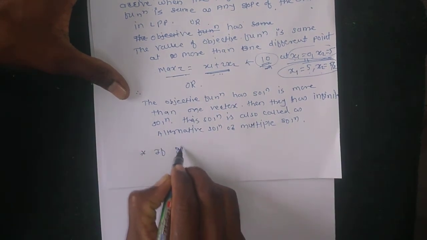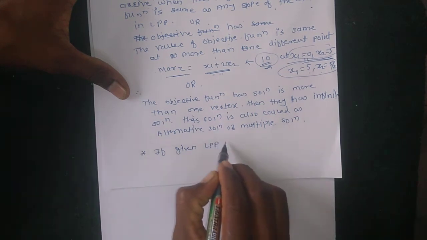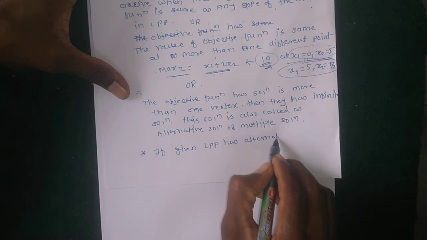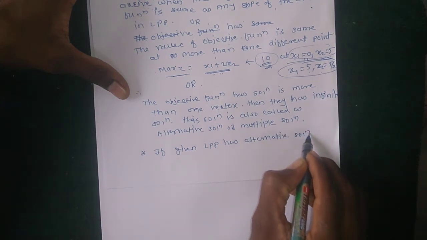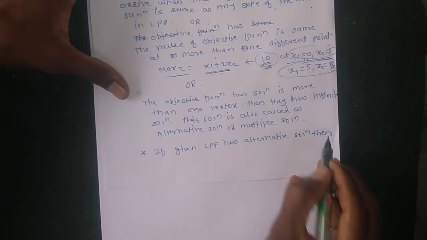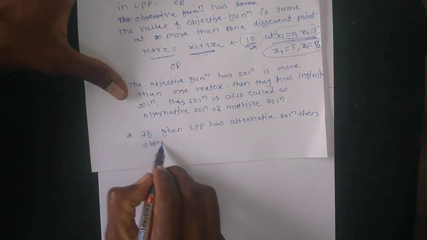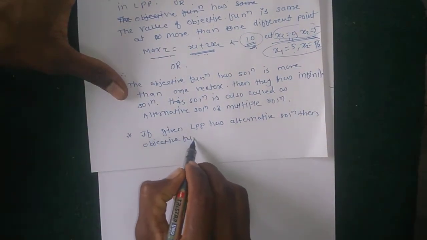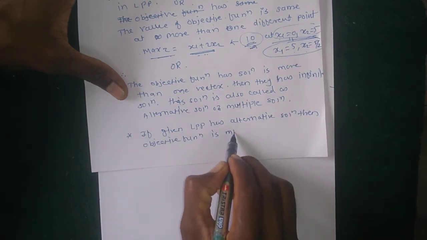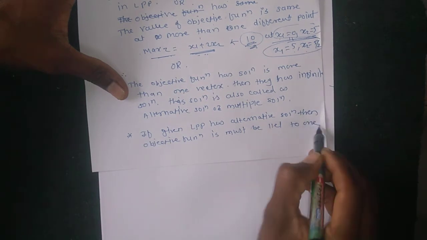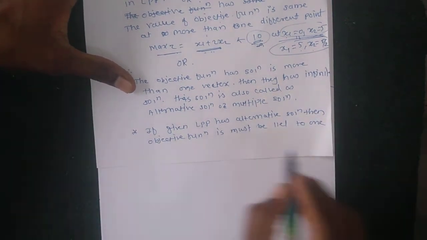If the given LPP has an alternative solution, then the objective function must be parallel to one of the constraints.